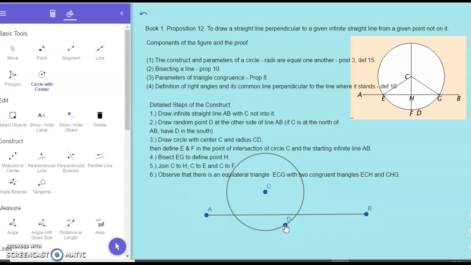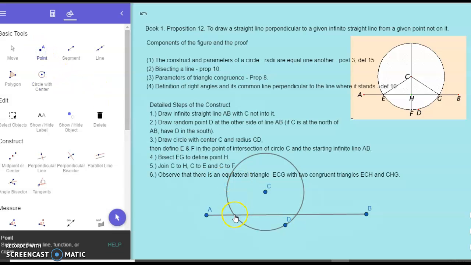And now, as you can see, we have points of intersection between circle C and AB, and we can have a point that would be along point C. So let's name those points.